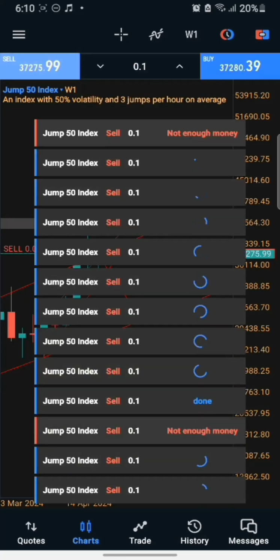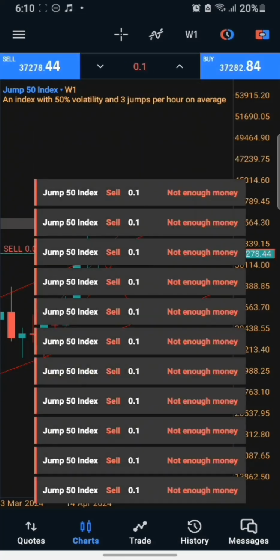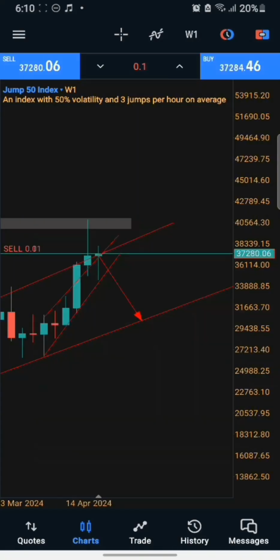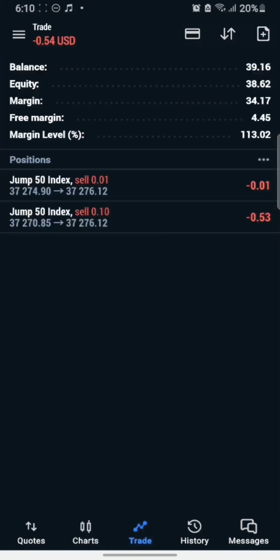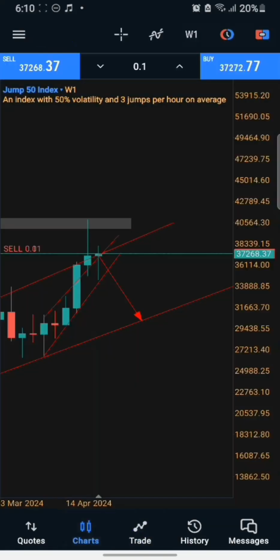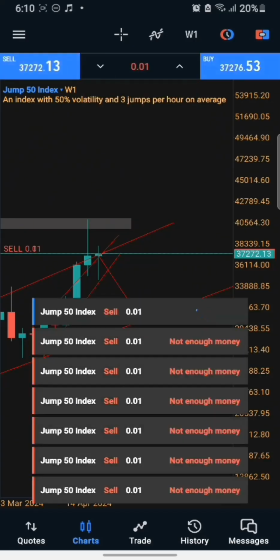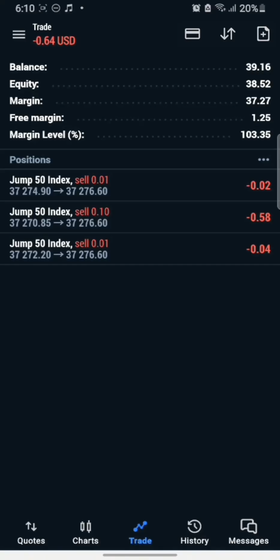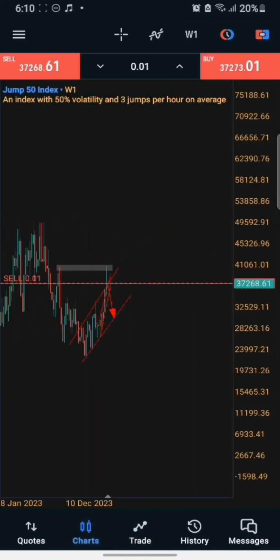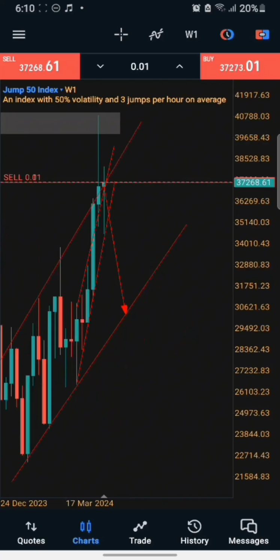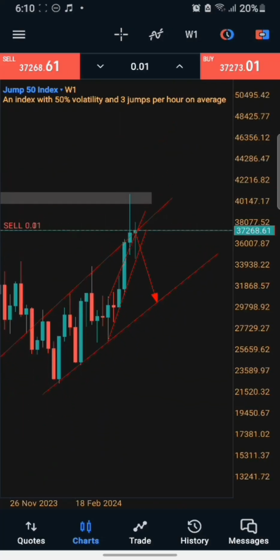So I'm going to add more positions and see how much we can take from this trade. You will notice it only allowed me to put 2 positions. Let's minimize the lot and see. And then now we've put one more position.